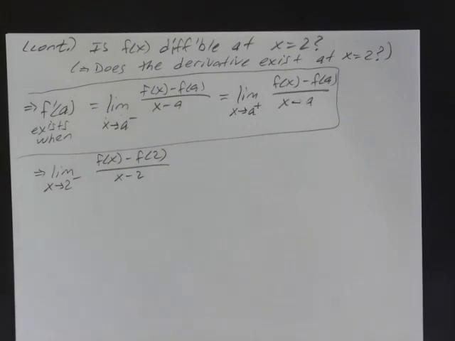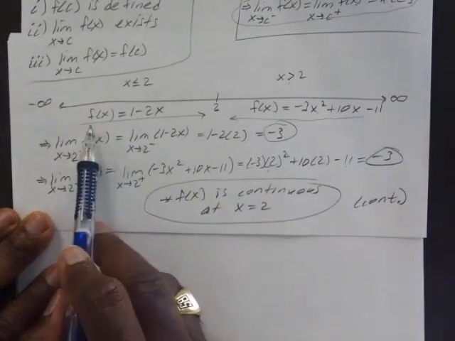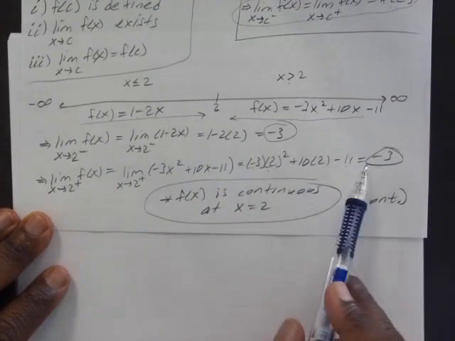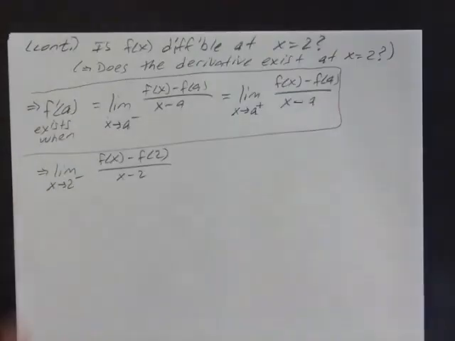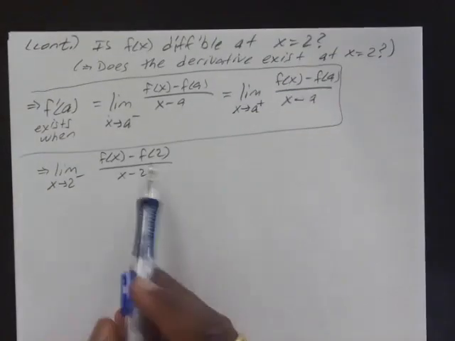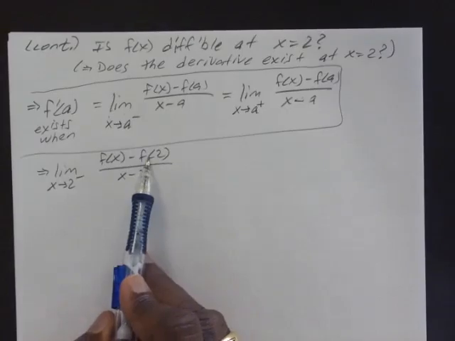Well, honestly, we don't even have to do that because we plugged in 2 from the left. We already know it's equal to -3. So that f of 2 right there, we can just replace with -3.